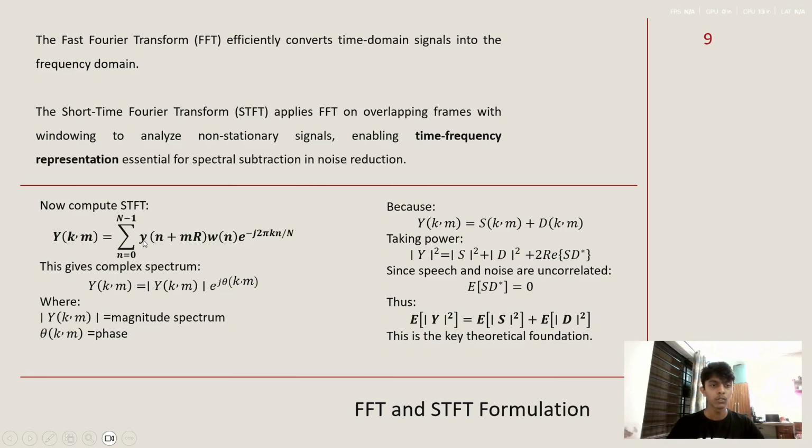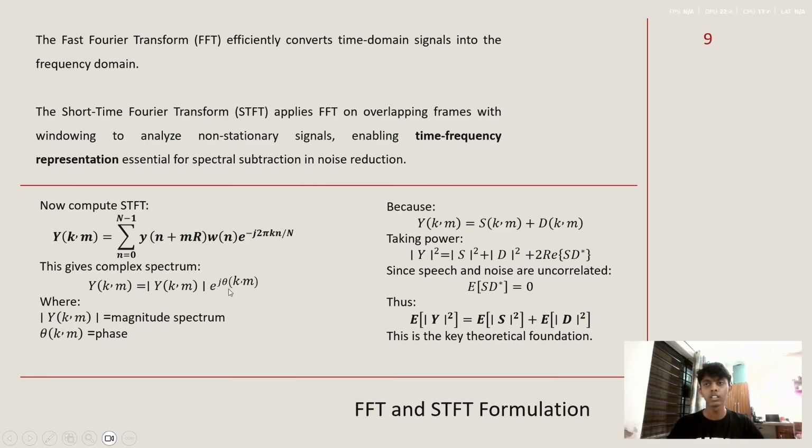get the function as y of n plus mR times w(n). And converting this signal into a Fourier transform would give us the summation over the frame length, with the signal multiplied by e to the power minus j 2 pi k n by capital N. Now, since this is a complex spectrum, we can write the STFT as the magnitude spectrum times the phase.